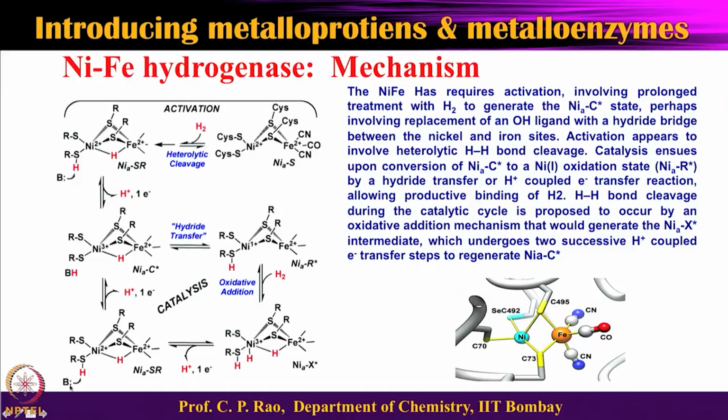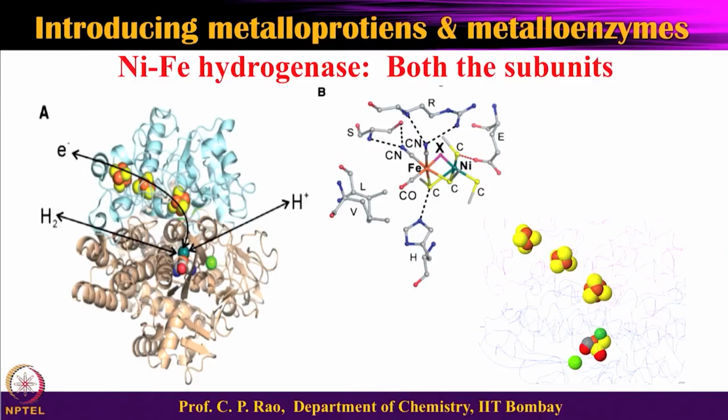As you can see in the enzyme, close to this nickel center, you have other residues. Those residues are actually involved in taking out this proton. So, you have to always see not just the coordination sphere, you have to see the neighboring species too.